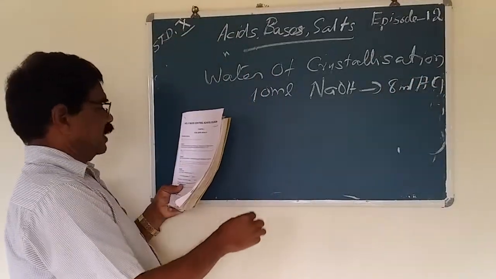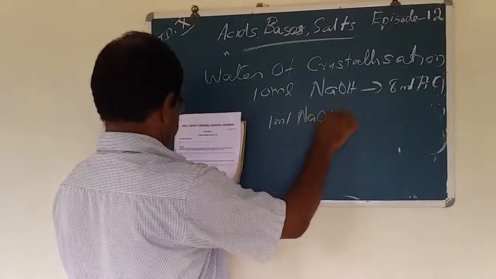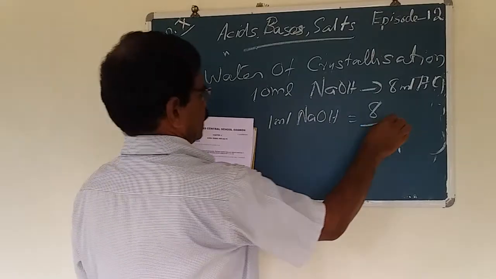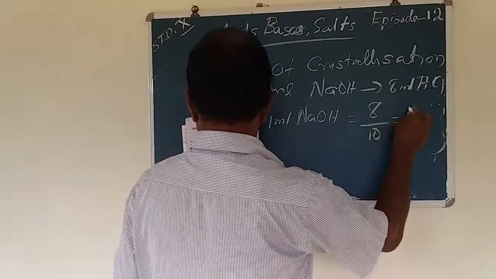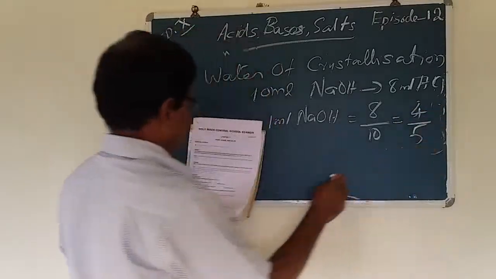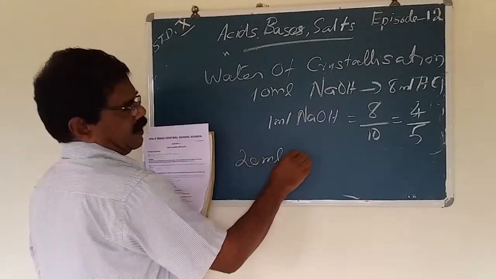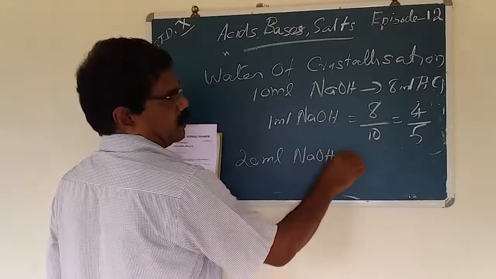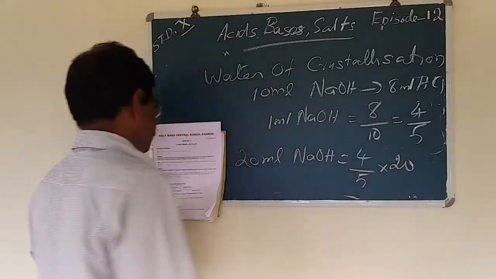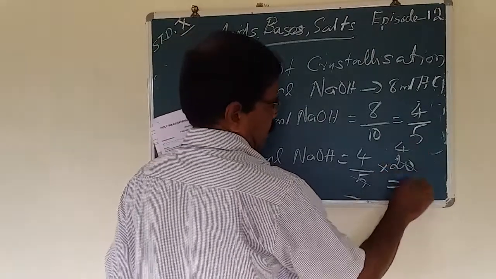Then 1 ml of NaOH neutralizes 8 by 10, that is 4 by 5. Then for 20 ml of NaOH, we calculate 4 by 5 into 20, that is equal to 16.